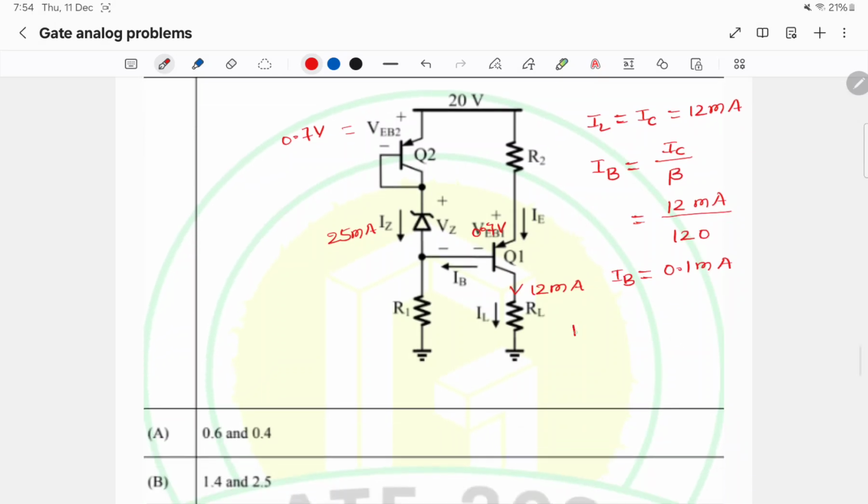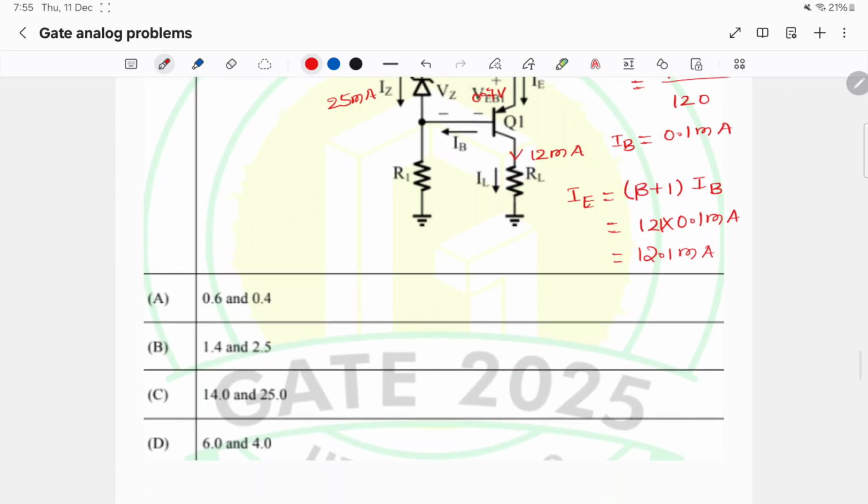IB is 0.1 milliamp. So IE will be beta plus 1 times IB, 121 into 0.1 milliamp, that is 12.1 milliamps. IE is 12.1 milliamps.